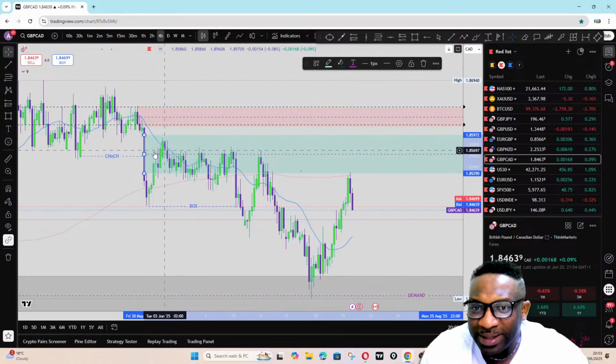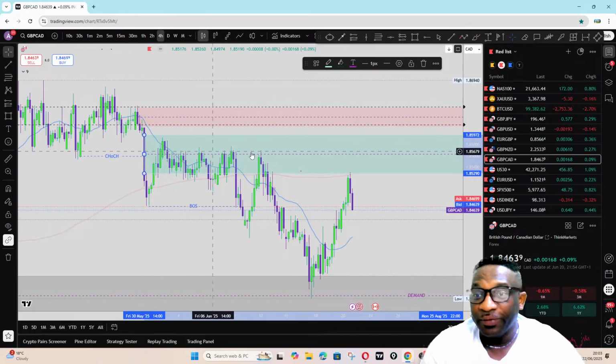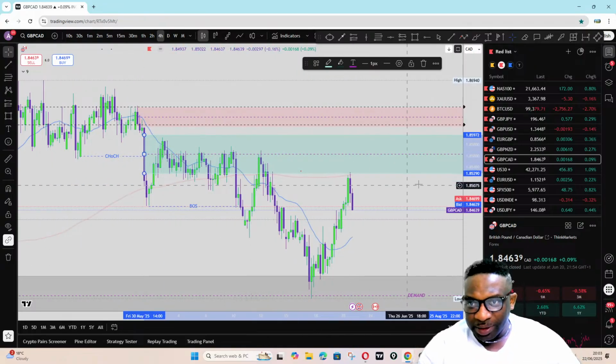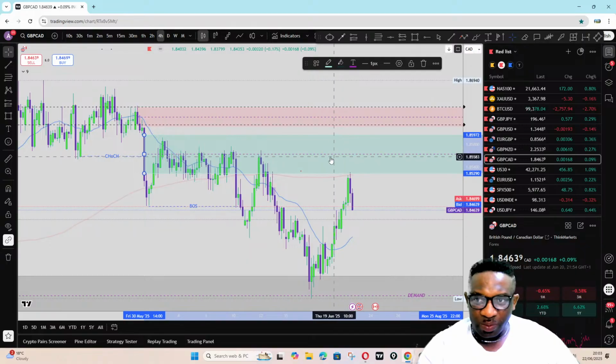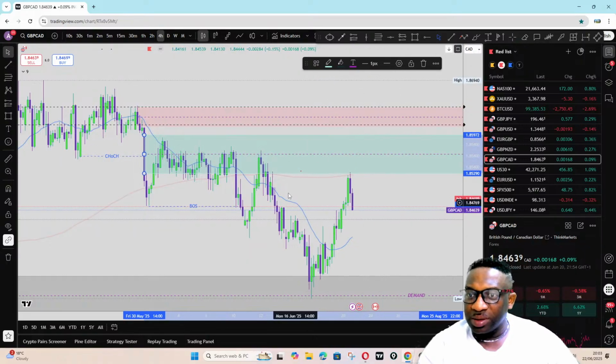Whenever we have a large area of imbalance like this, you can target the halfway or 50% of the area. The 50% of the area is where I have this line here. You can see how price got rejected from this area several times, then pushed down.